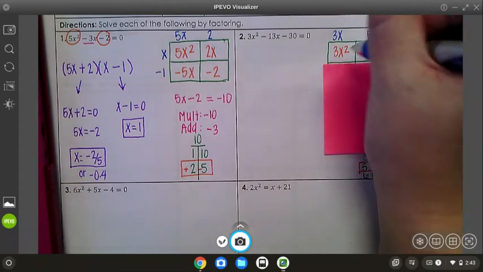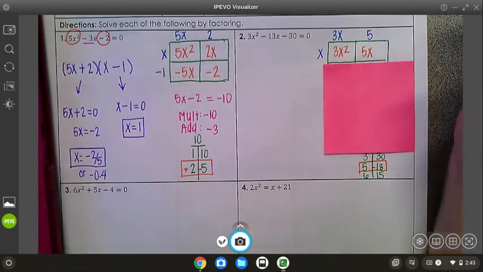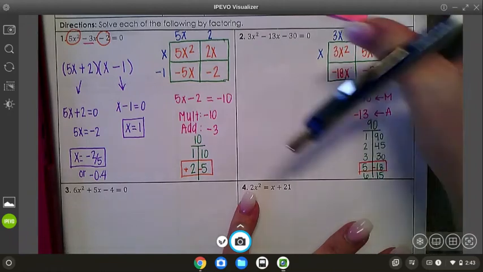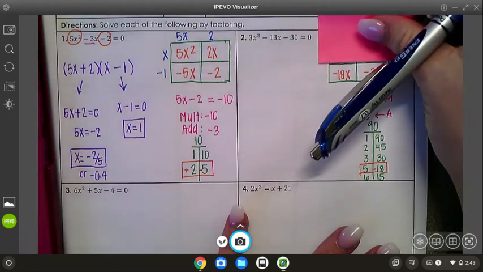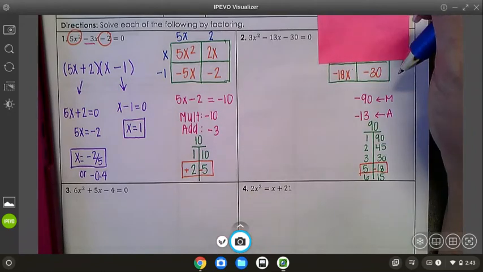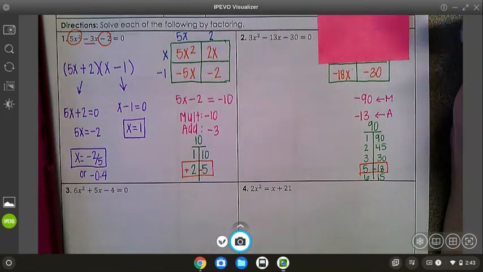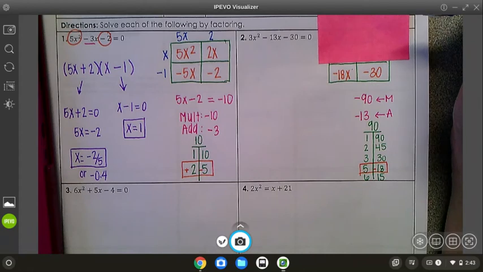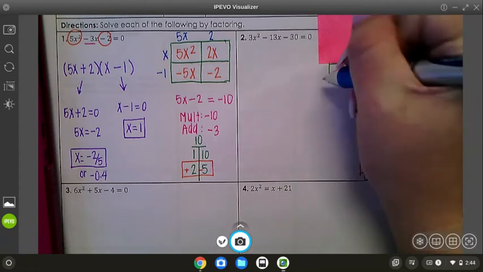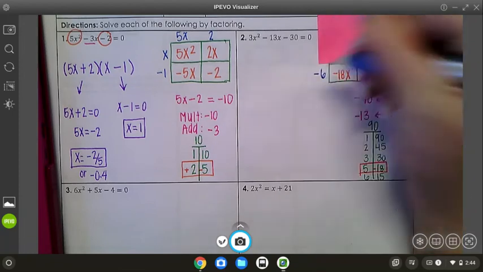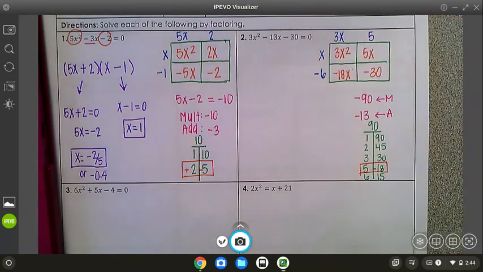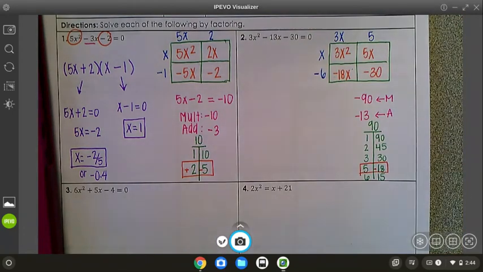But they do have an x in common. And then 18 and 30, what can you divide both of those numbers by? We can divide them both by 6, but because my very first box was negative, I have to make sure that that one is also negative.